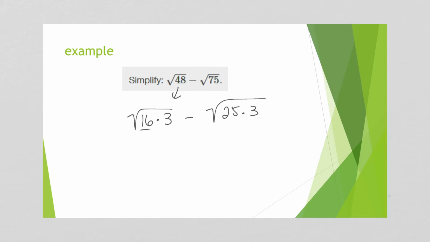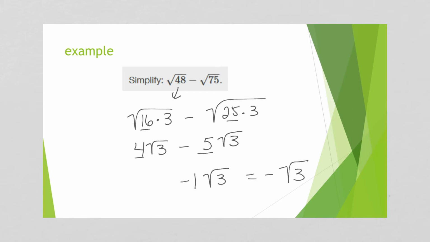I could take the square root of 16 and 25, so I have 4 square roots of 3 minus 5 square roots of 3, and then 4 minus 5 is negative 1 square roots of 3, or you could simply write this as negative square root of 3. Either one of these answers would be fine for me. And by the way, this one is the most simplified version of it.